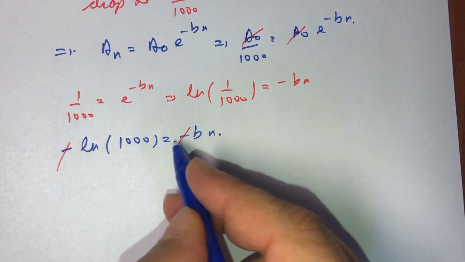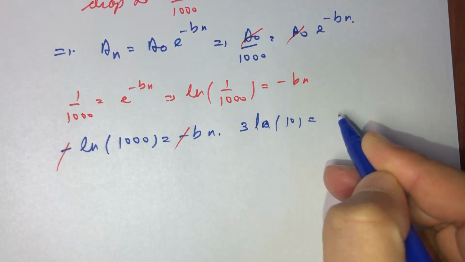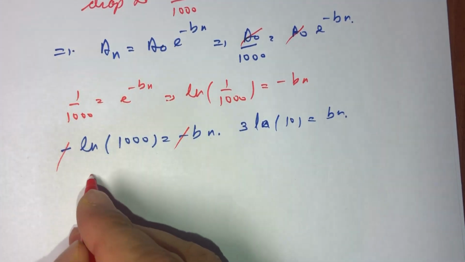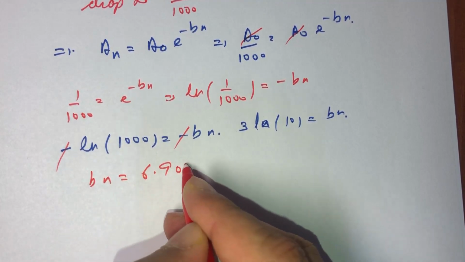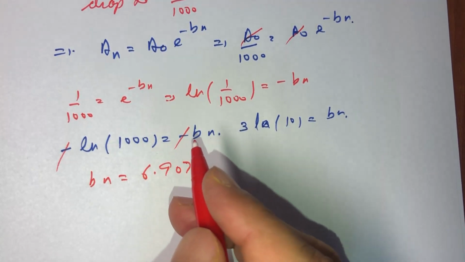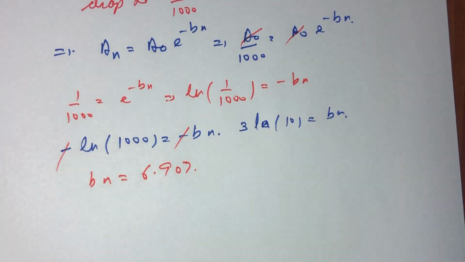and the minus goes away, and you can write this as 3 natural log of 10 is equal to bn, and 3 natural log of 10 is approximately equal to 6.907. So bn is equal to 6.907. So we found out the value of bn, and b we just calculated is 0.0693.